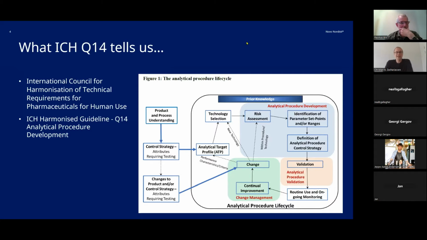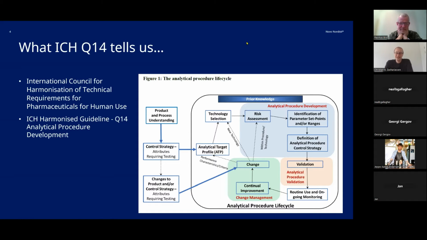They have this Q14, which is depicting the analytical procedure life cycle. And if you look at that figure, that is one of the most confusing figures I have ever seen, because where do you start and where do you end?